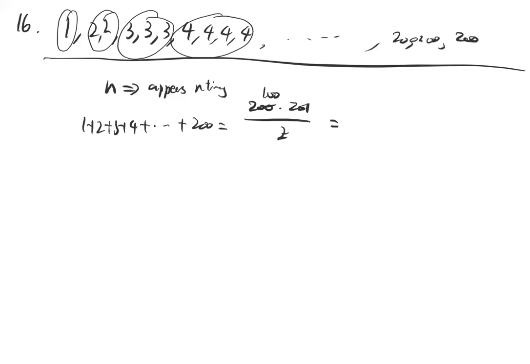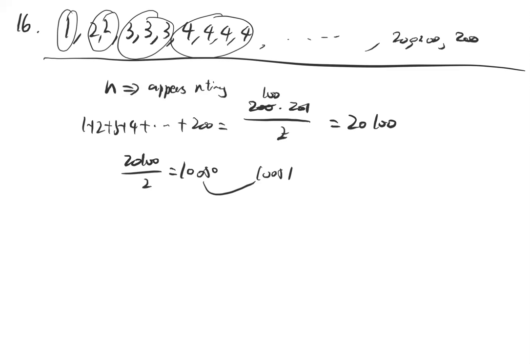So we have a total of 20100 numbers, and the median will be that divided by 2. Sorry about that, 10050. It will be between 10050 and 10051, like the average of these two numbers.